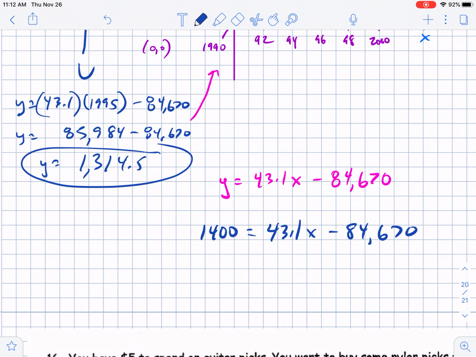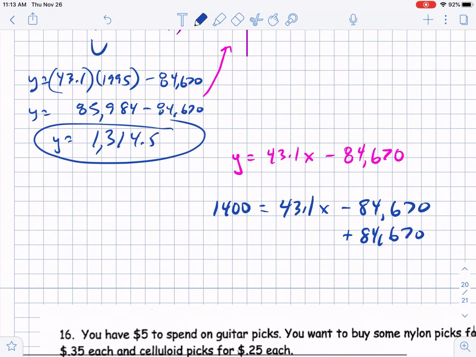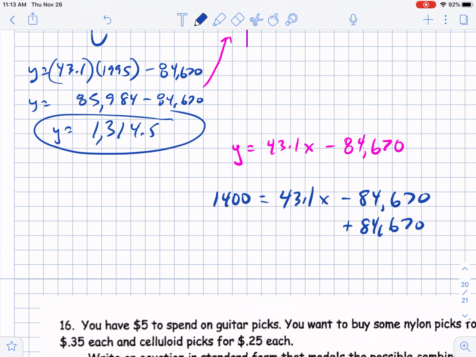How's that sound? Add 84,670. See this? We're isolating 43.1x, just like we did in all our past math classes. We're just using real numbers and much bigger numbers. 84,670 plus 1400 equals 86,070 equals 43.1x.